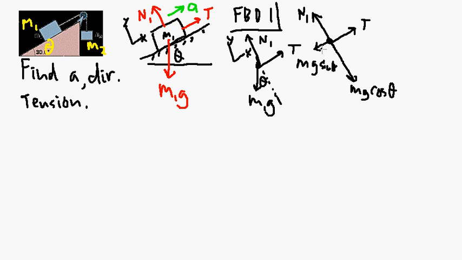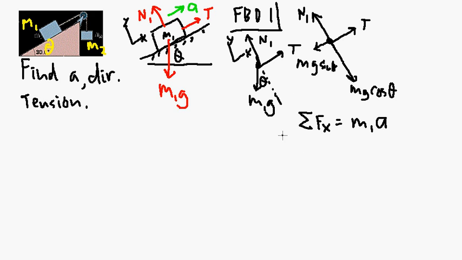I think we can do this by just doing an x force balance. Sum of forces in the x direction is going to equal the mass of block 1 times its acceleration, which we're going to call a, in the positive x direction, so we just plug that right in.